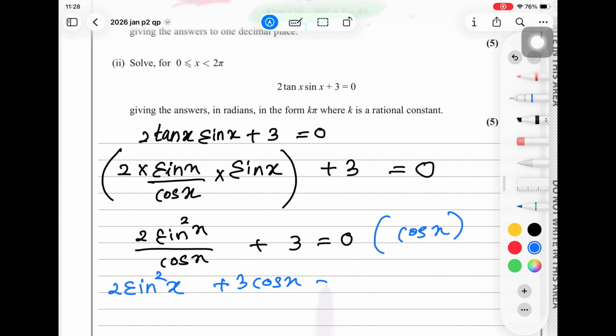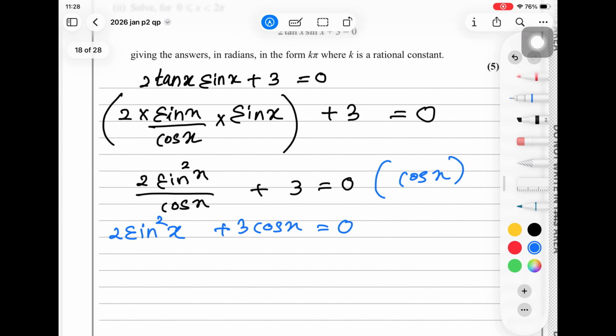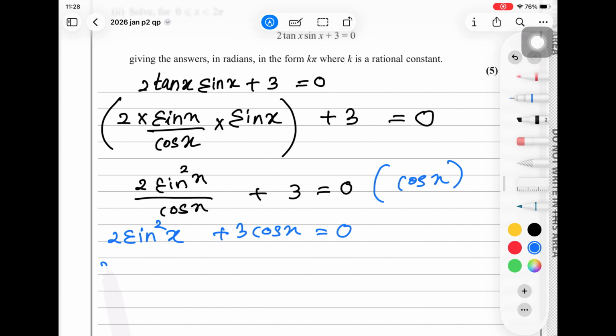The reason for getting this sine squared x is that I can quickly go to the cosine squared, so that it will be an equation in terms of cos. I'll leave these simplifications for you to save some time.